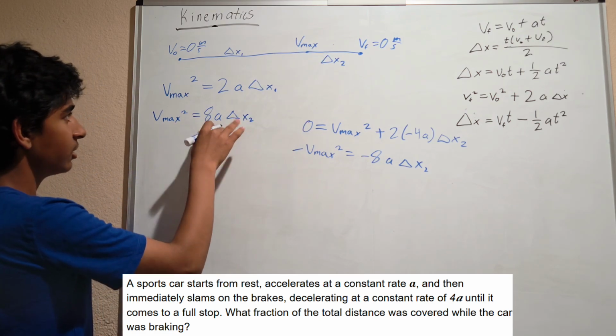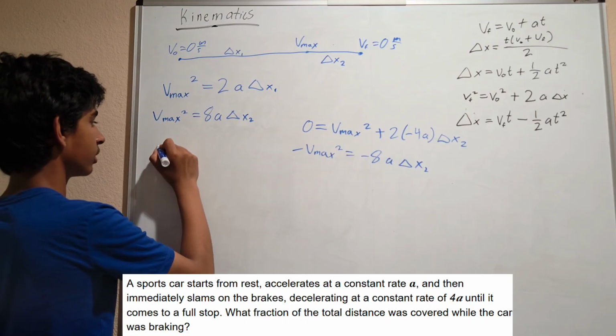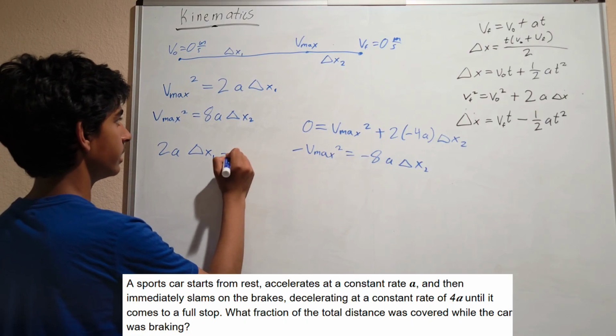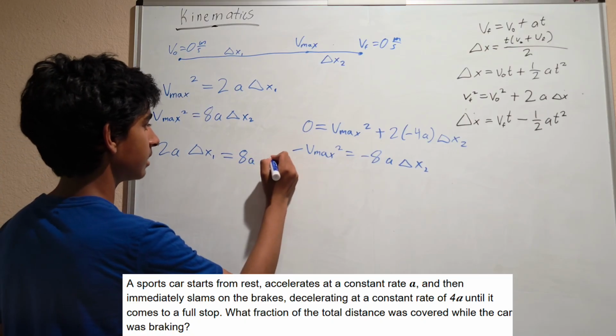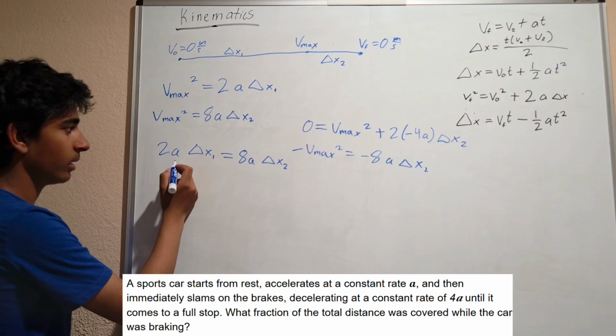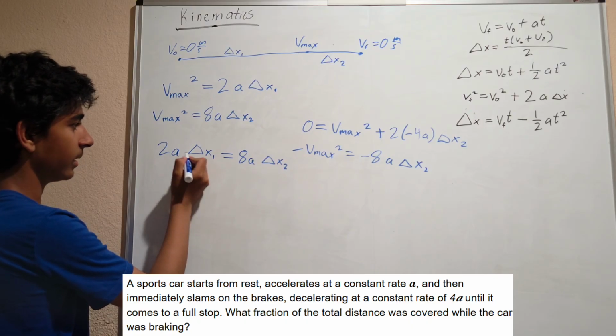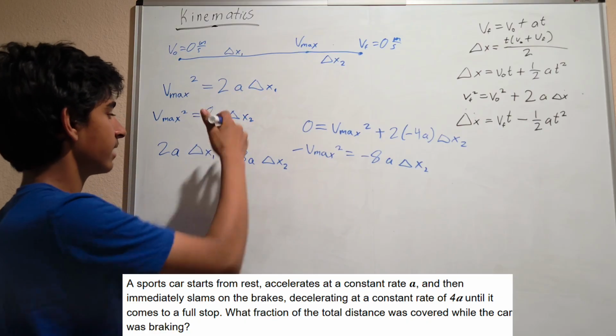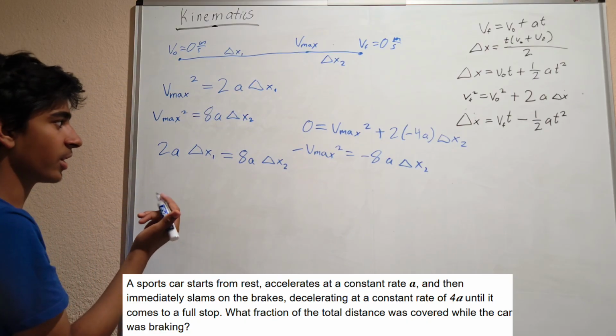So we can set these two things equal to each other. So 2a times delta x1 is equal to 8a times delta x2. And a is the same for both of them, since this is just 4a and this is a, still in terms of the same variable.